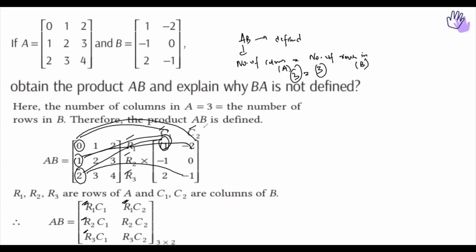So if R1, R2, R3 are the rows of A, and C1, C2 are the columns of B, that is how you get R1 C1, R2 C1, R3 C1, and R1 C2, R2 C2, and R3 C2. That's how you get the particular element. So corresponding elements, you just need to multiply them. Okay. So we'll see the product now.